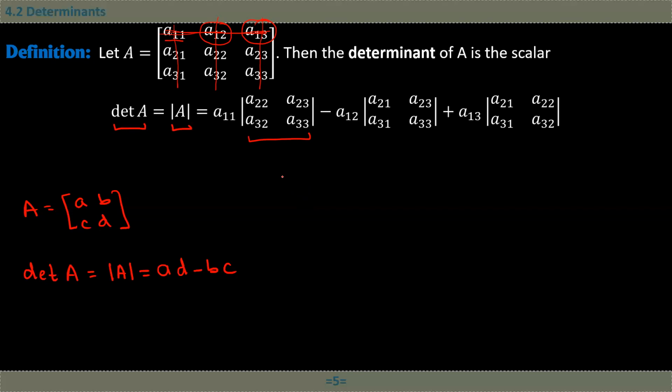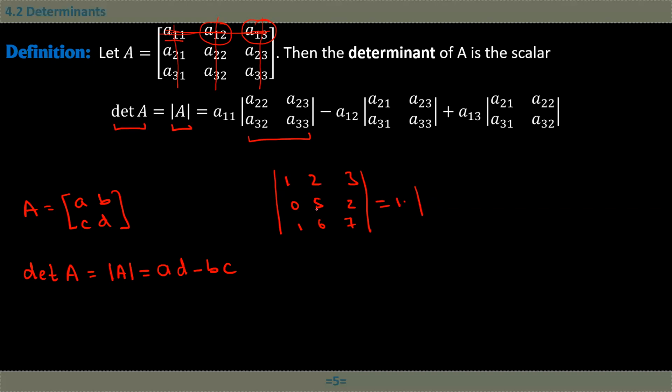For example, if you're given this matrix, let's say 1, 2, 3, then 0, 5, 2, and 1, 6, and let's say here we have 7. How do we calculate this determinant by this definition? Starting from 1, it is 1 times, delete this row and this column.